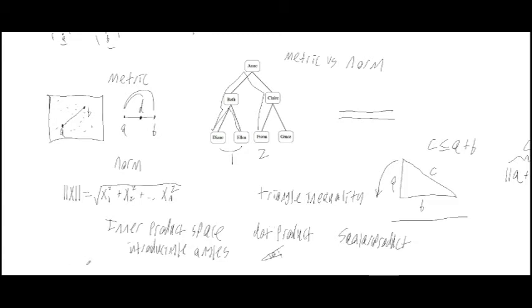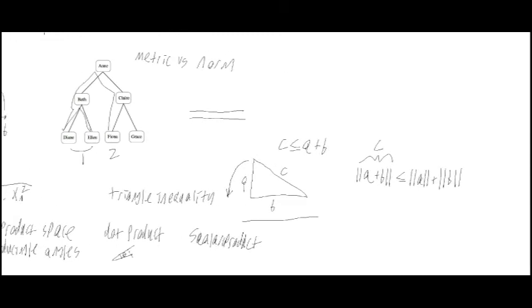You need an inner product space in order to have the idea of orthogonality. You need the idea of angles to have orthogonality. Orthogonal is if the dot product is 0. If you have this vector dot this vector, then that equals 0.